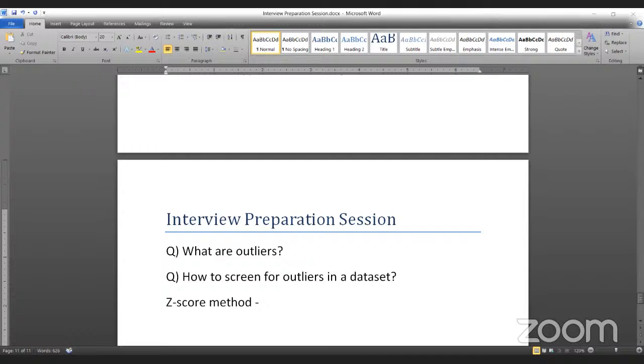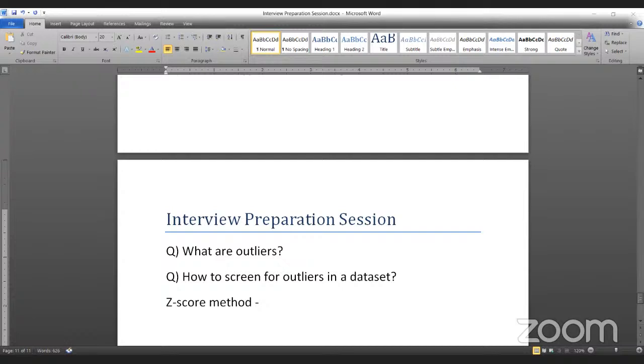So if it is close to 0, it is close to the mean, and if it is negative, it is below the mean point.